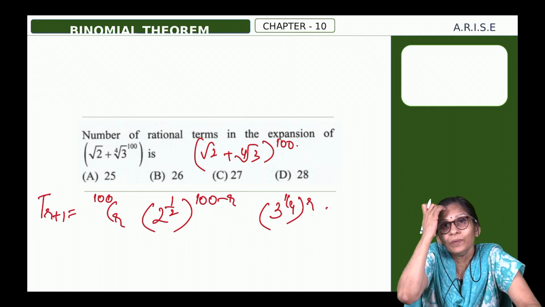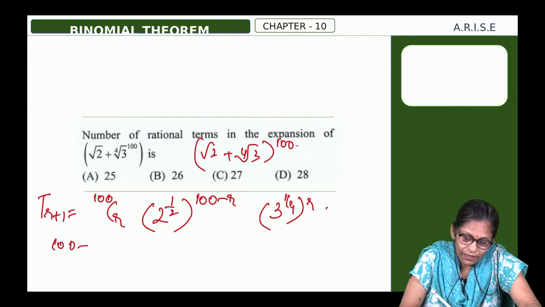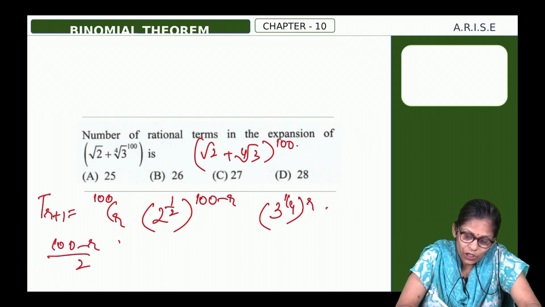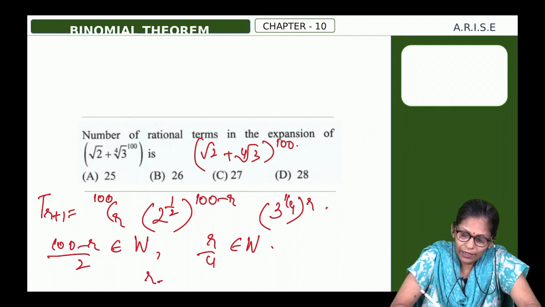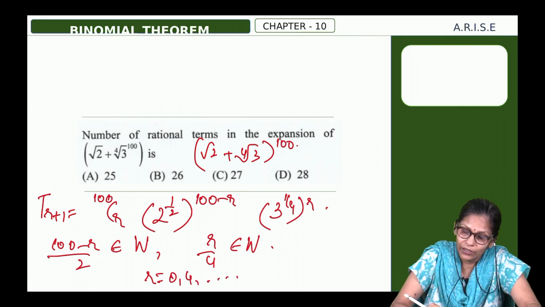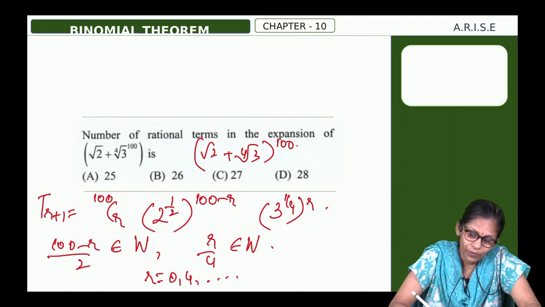For this to be a rational term, this (100 minus r) by 2 should be a whole number, and r by 4 also should be a whole number. What are the values of r? If r by 4 is a whole number, r can be 0, 4, etc. It goes up to 100, right?